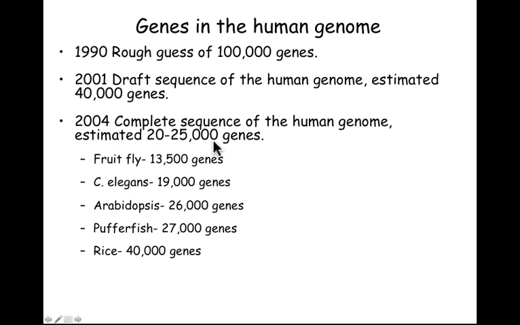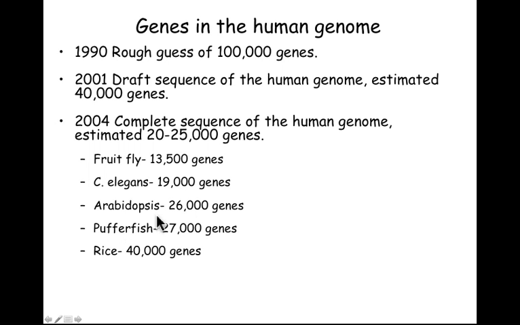This was a little bit sobering, because as humans, it's a little difficult not to be a little egomaniacal and think that we are the most advanced organisms on the planet, so we ought to have the most genes. And to some degree, this seems to be the case, so we have more genes than, say, fruit flies or C. elegans. Interestingly, however, we probably have fewer genes than Arabidopsis, which is a small plant related to mustard.